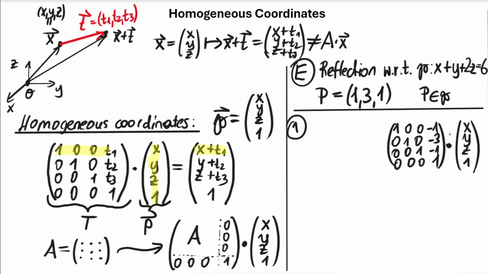So the result then is the point x, y, z, if you multiply this out, minus P.